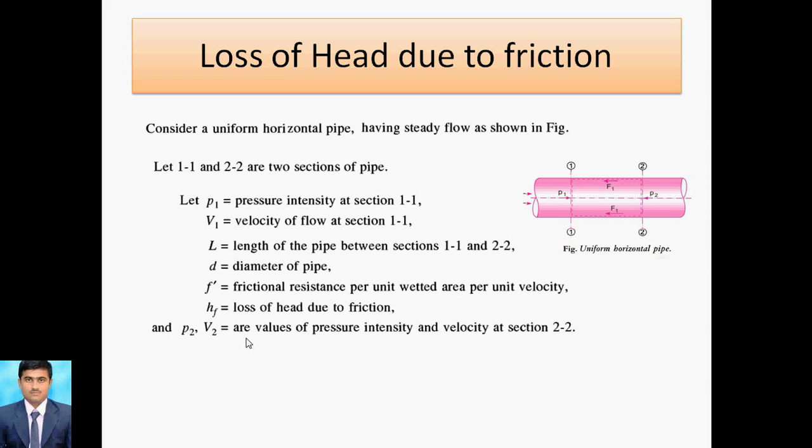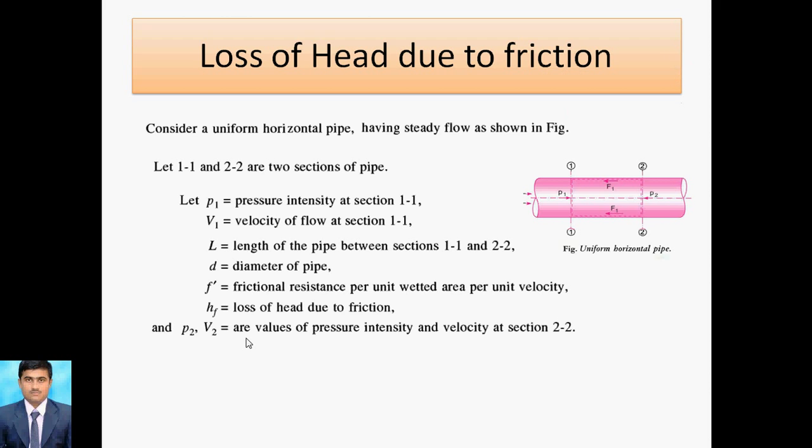D is the diameter of pipe. F dash is the frictional resistance per unit wetted area. HF is the head loss due to friction between section 1 and 2. P2 and V2 are the corresponding values at section 2. This is the information regarding the pipe.